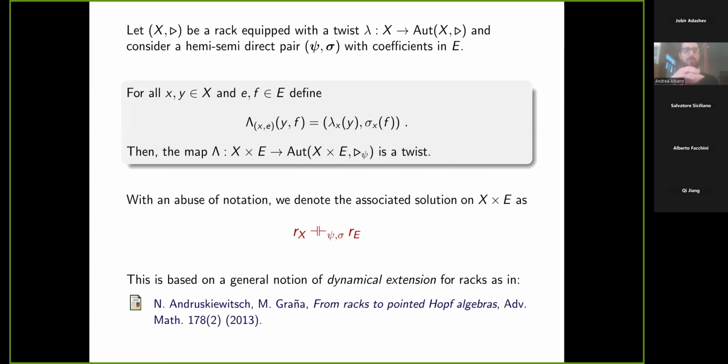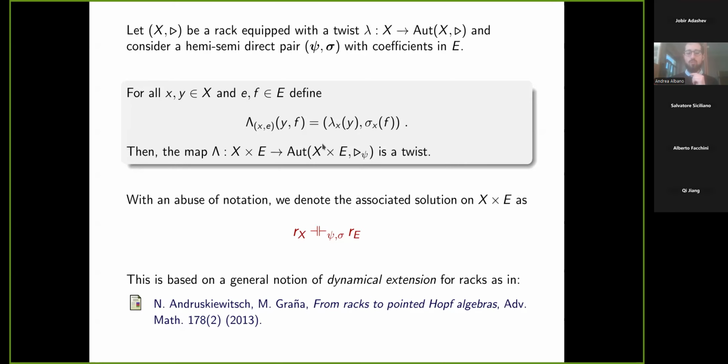So this notion of hemi-semidirect product of twist is actually a subclass of a general notion of dynamical extension, which is based on an analogous notion for racks, which was given by Andruskiewitsch and Graña. Of course, there is an error here. It's not this one. I'm sorry.